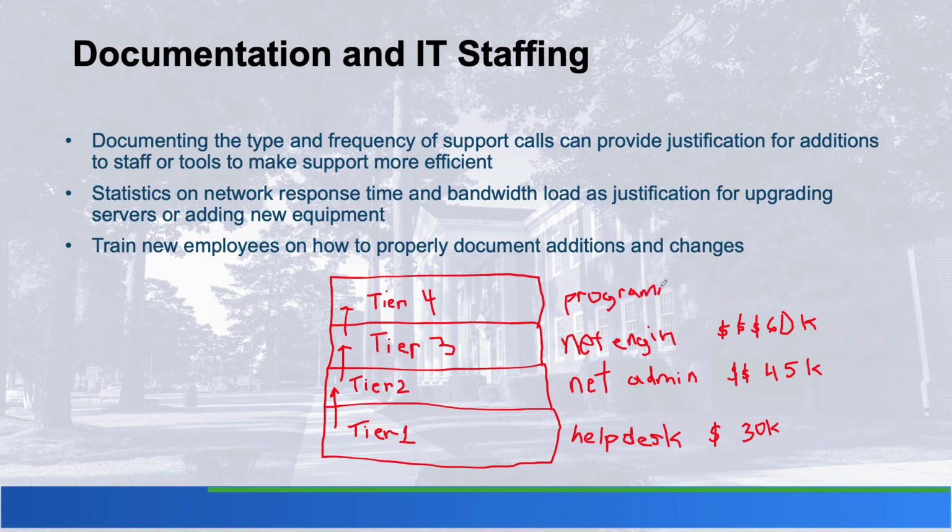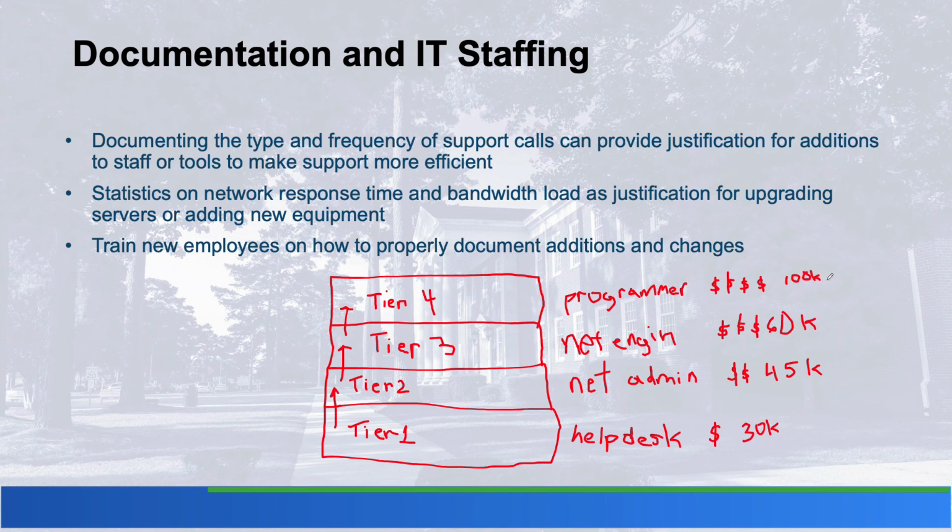So these are the people that can actually write new software to fix problems, things of that nature. And they make over $100,000 a year, right? Everybody knows programmers make a lot of money, but it's a specialized skill. Not everybody can do it, right? We'll just put 100 and up.